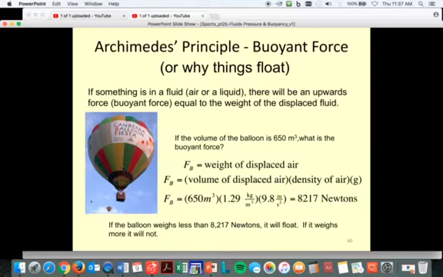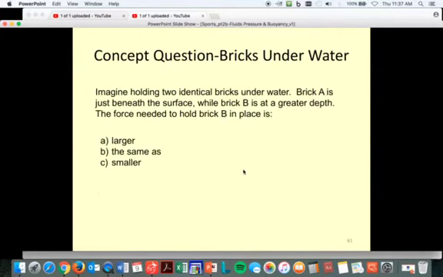If the balloon weighs less than 8,217 newtons, it will float. If it weighs more, it will not. And the buoyancy force, if you hold a brick underwater, it's the same, because it's isometric, all the forces.